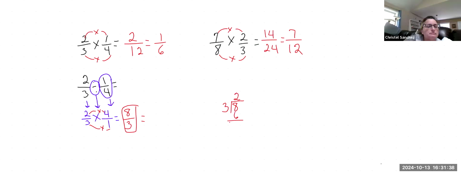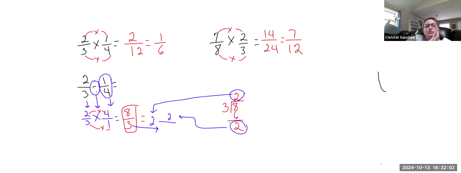So my 2 is going to be my whole number, my remainder is going to be my top number, and my bottom number I just bring over. So my answer would be 2 2/3.